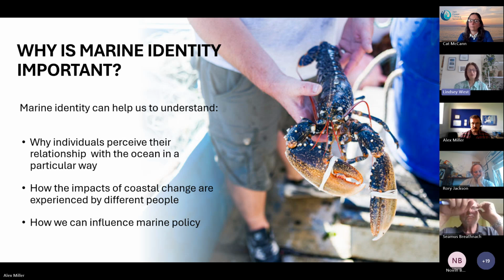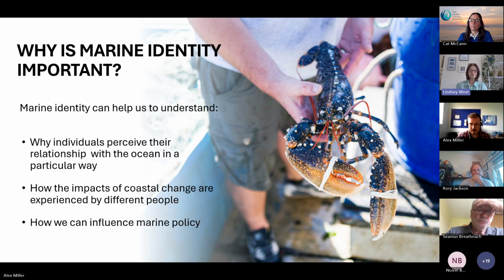There's an over-reliance on economic values associated with the ocean, highlighted in common discourses around blue economy and blue growth, where decision makers are putting a lot of weight on the economic values of the ocean. But by understanding marine identity, we can really start to reveal these more social and cultural relationships with the ocean and social and cultural values of the ocean that are really crucial to embed in marine planning processes.